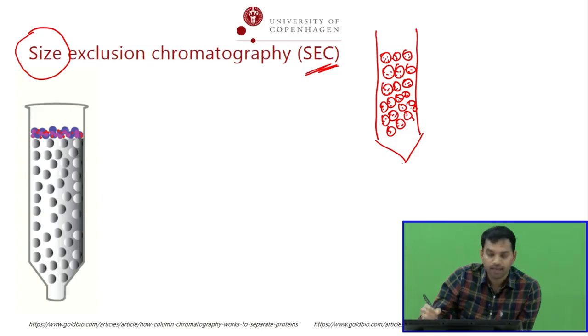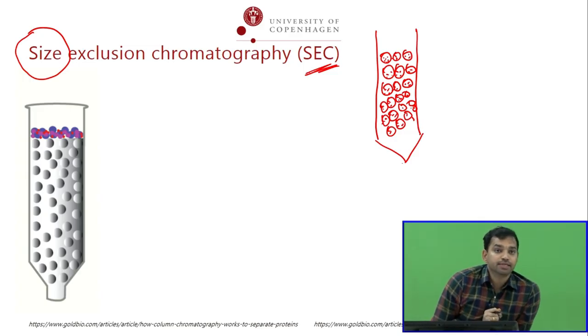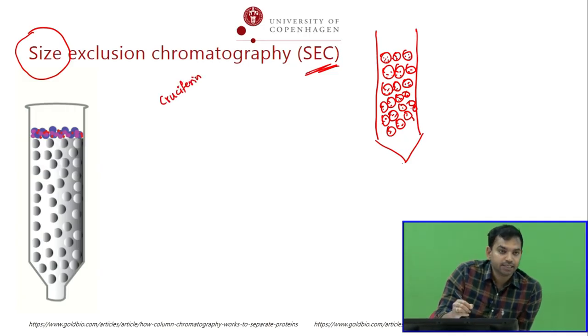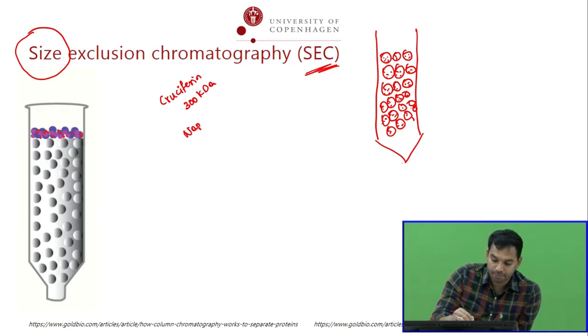Now, I want to separate rapeseed protein isolate, for example. Rapeseed has two kinds of protein. One is called cruciferin, whose molecular weight is, let's say, 300 kilodalton. And we have another protein called napin, whose molecular weight is, let's say, 14 kilodalton.